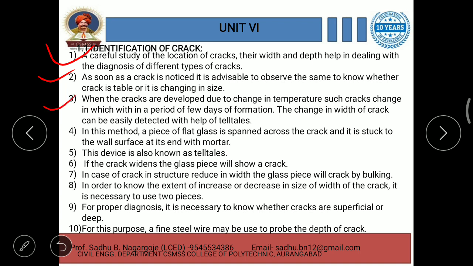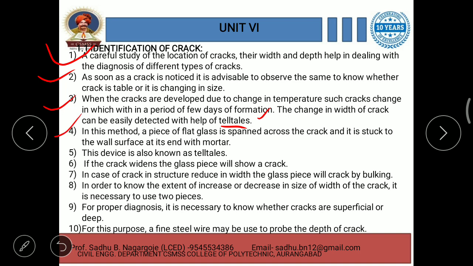Then when cracks develop due to change in temperature, such cracks change within a period of a few days of formation. The change in width of a crack can be easily detected with the help of telltales. This is an instrument to detect these cracks.